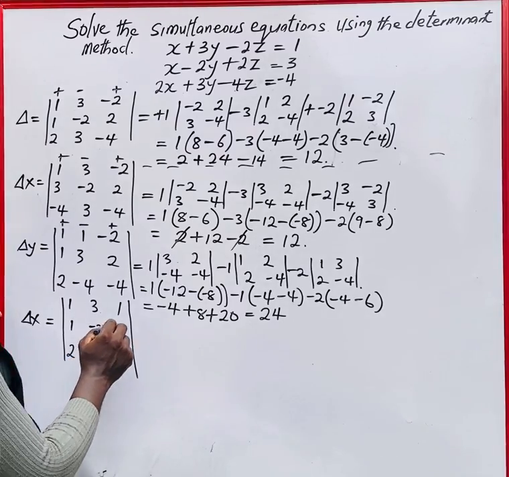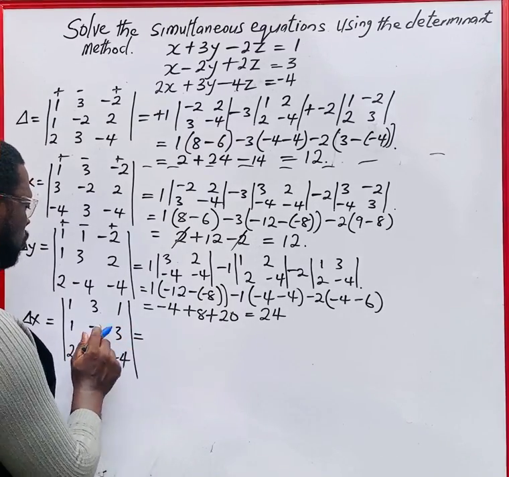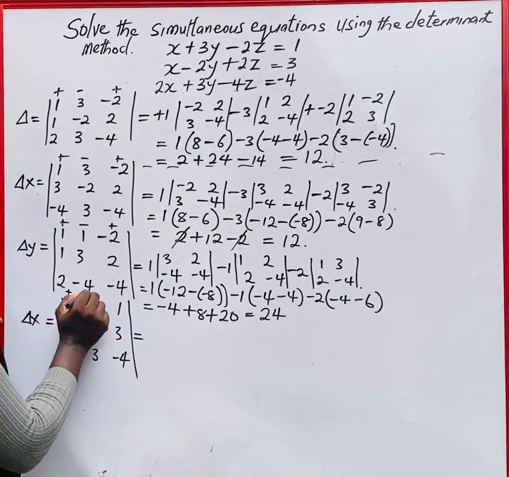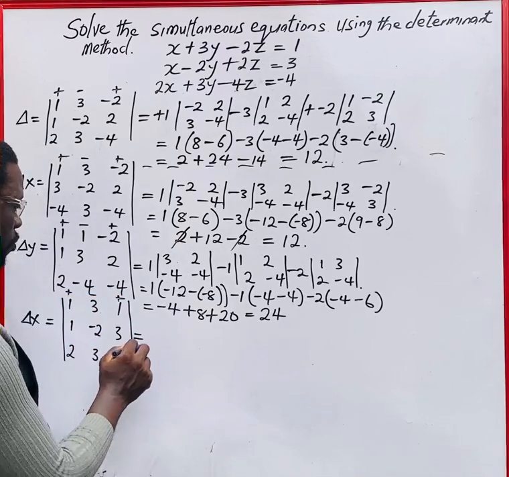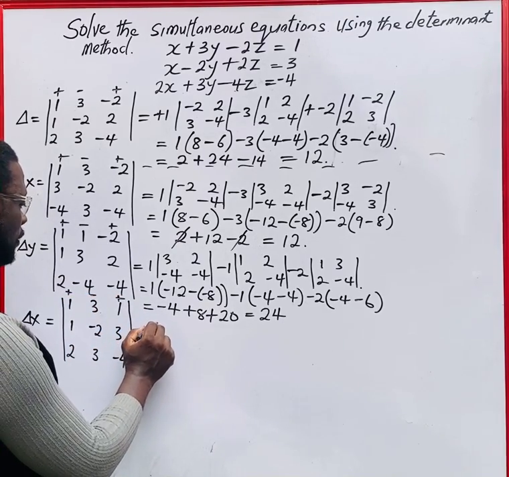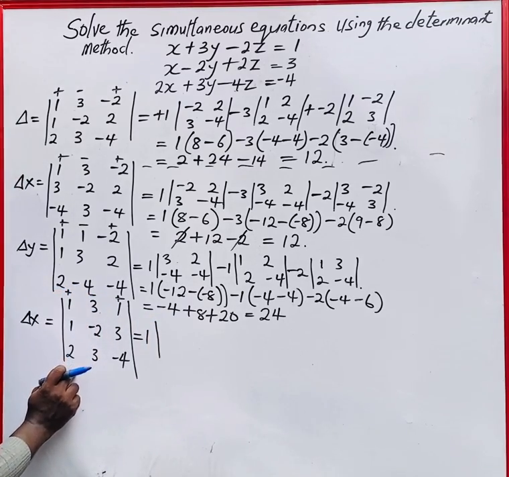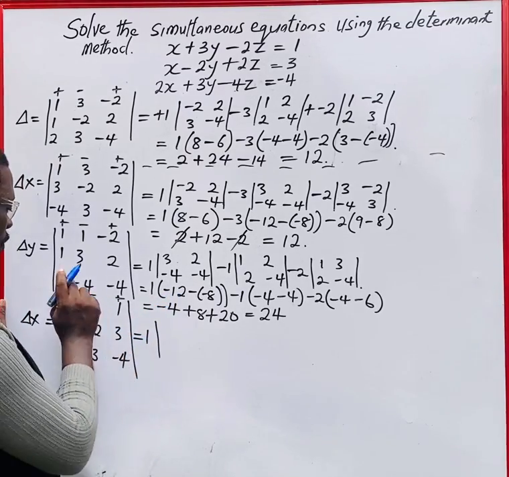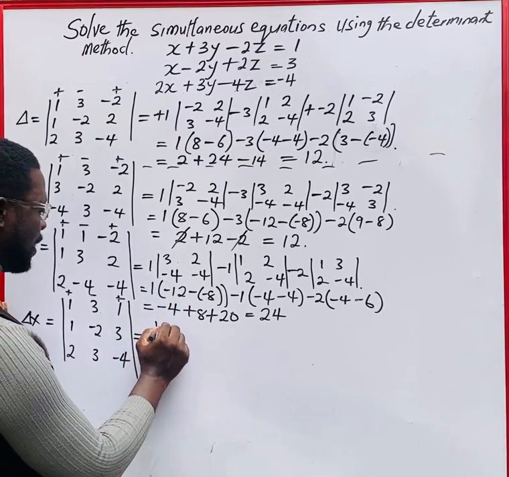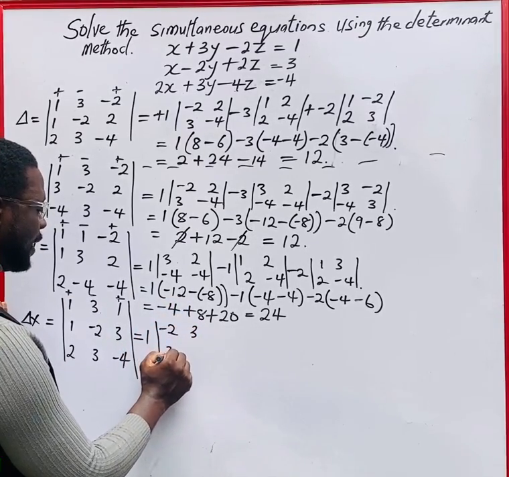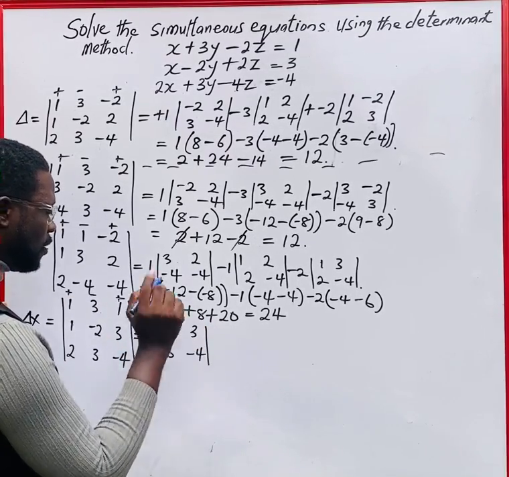So let's go for the last one. So the last one now, we go again. This is plus, minus, plus. So we have 1. Let's form it. So we close the first row, close the first column. So we have minus 2, 3, 3, minus 4. Very good.